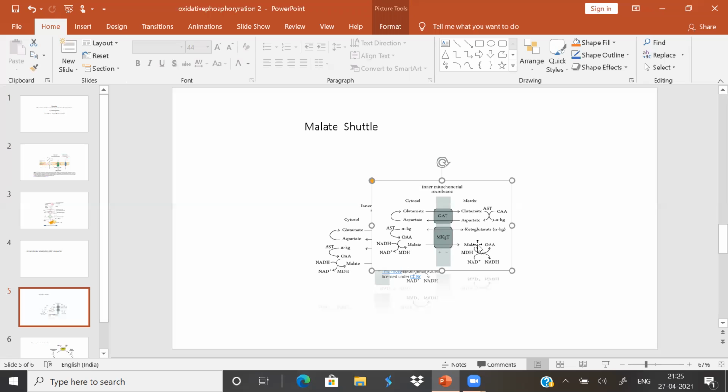In the mitochondrial matrix, this malate is again converted to oxaloacetate and NAD is converted to NADH, and this NADH goes to the respiratory chain.